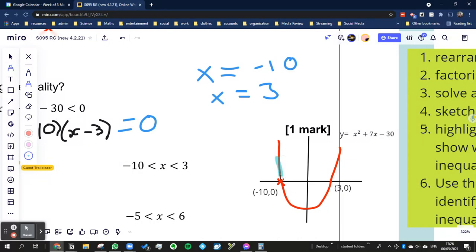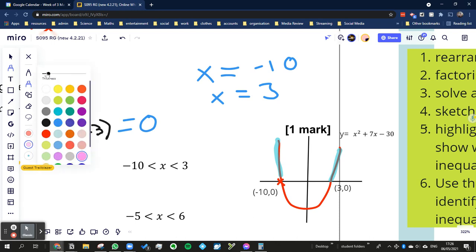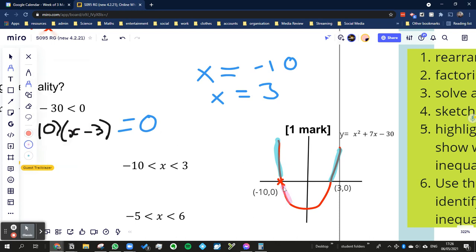We'll colour this point here also blue, and then we'll colour the middle bit pink. So in the blue bit, y is greater than 0, and in the pink bit, y is less than 0.